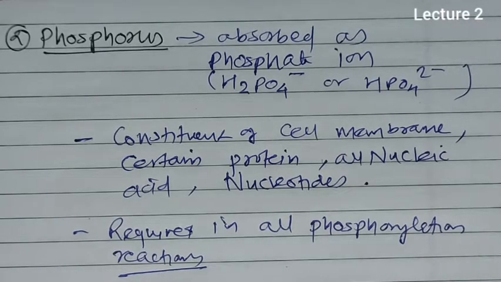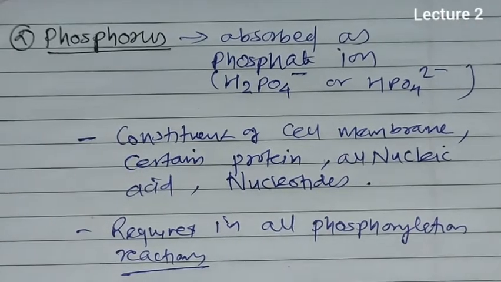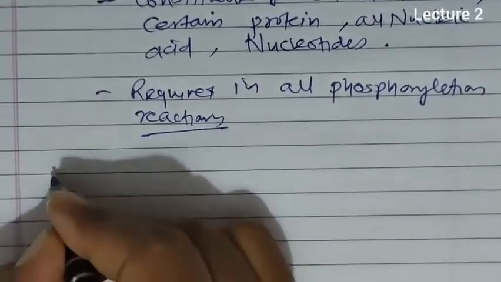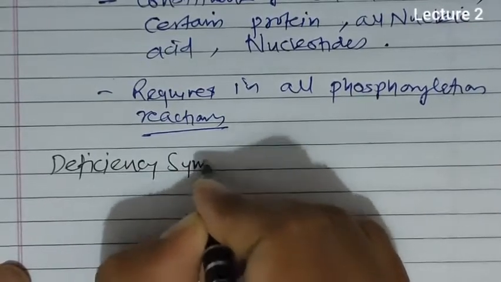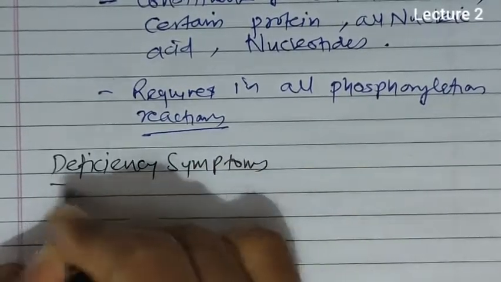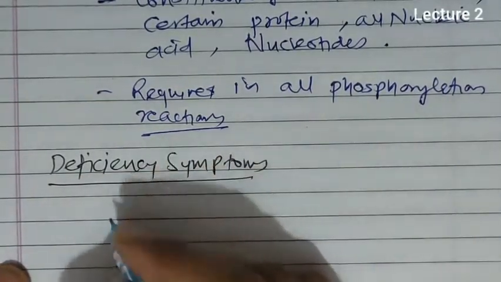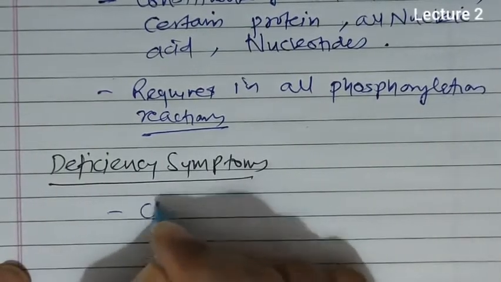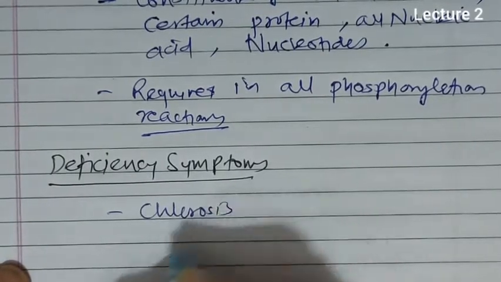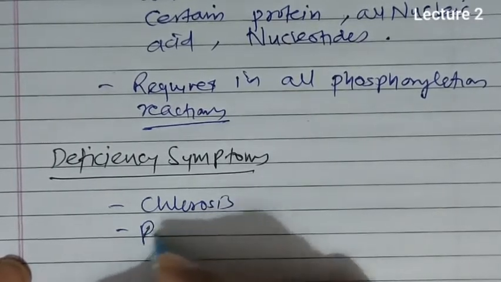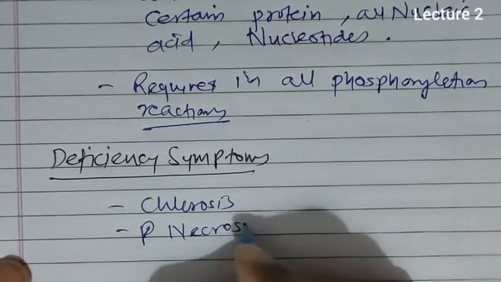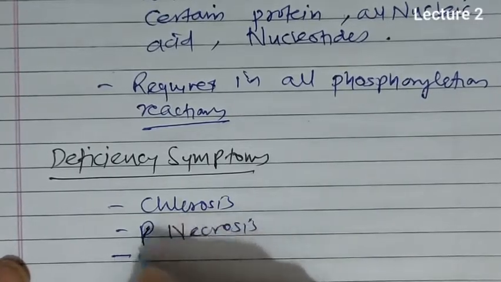Now we talk about the deficiency symptoms of phosphorus. Deficiency symptoms include mottled chlorosis, then premature death, chlorosis with necrosis, then premature abscission of leaf.